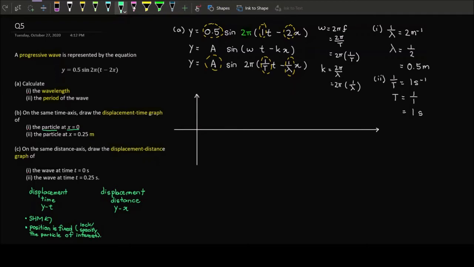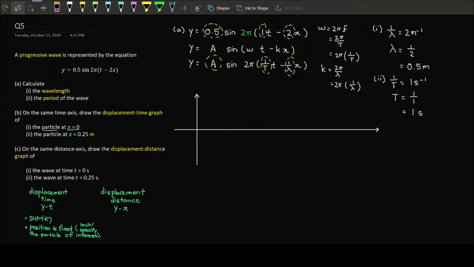So you study the oscillation of that particle at that specific position x. You fix your x because you want to study the simple harmonic motion of that particle.